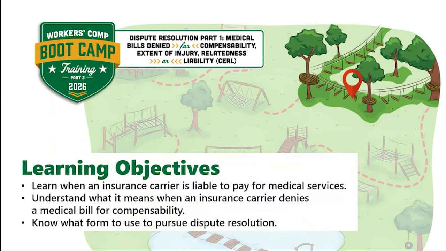So our learning objectives for that are to learn when an insurance carrier is liable to pay for medical services. So understand what it means when an insurance carrier denies a medical bill for compensability, or we call it CERL, right? Compensability, extent, relatedness, or liability. So also know what forum to use to pursue dispute resolution.